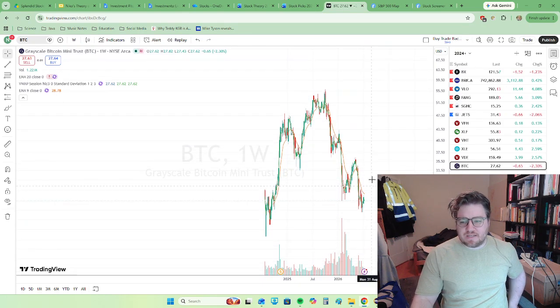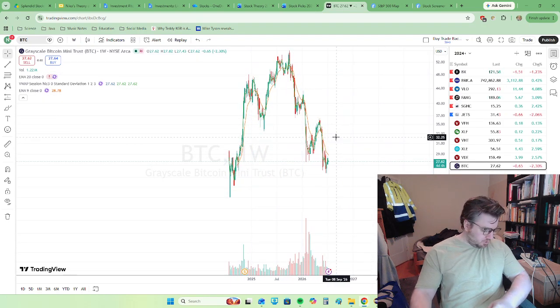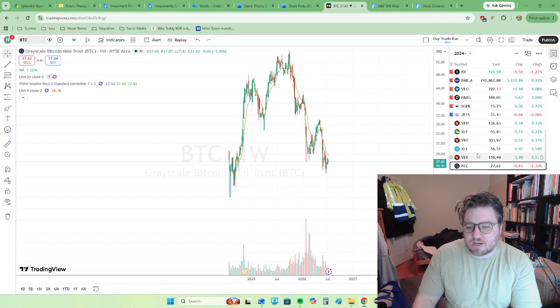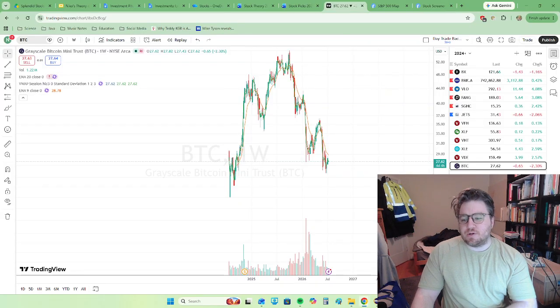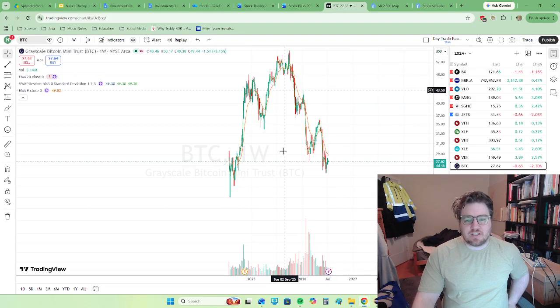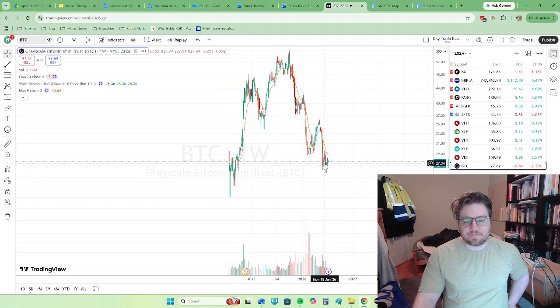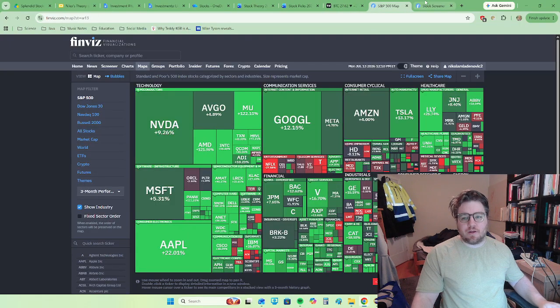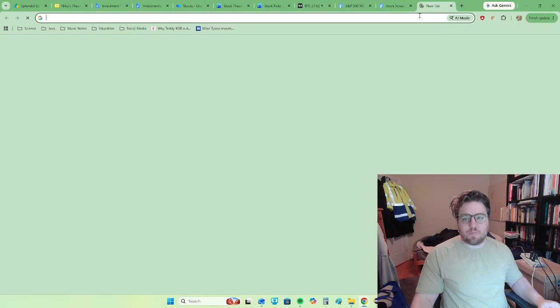If you buy BTC, literally the symbol BTC, which is also the symbol for Bitcoin, you can get it on the New York Stock Exchange as a trust. It's only got $3.5 billion of investments, but it basically tracks Bitcoin. So now is yet again a good time to buy Bitcoin because it is at a low price.